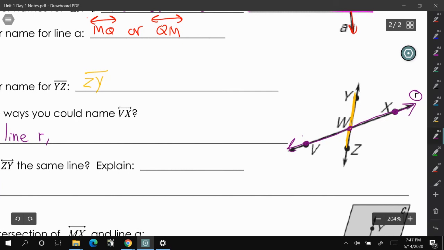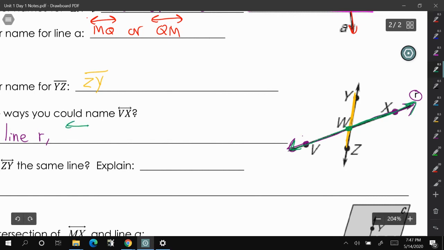You may be saying, well, line WX isn't the same thing because they're two different points. I have W instead of V. Well, remember, a line goes forever in each direction. So if I were to draw or outline line WX, it would look like this because the line would keep going forever. So that is the same line.